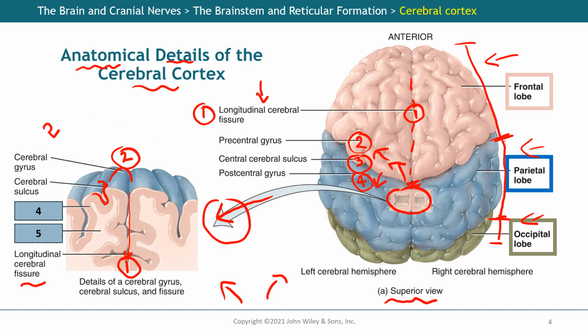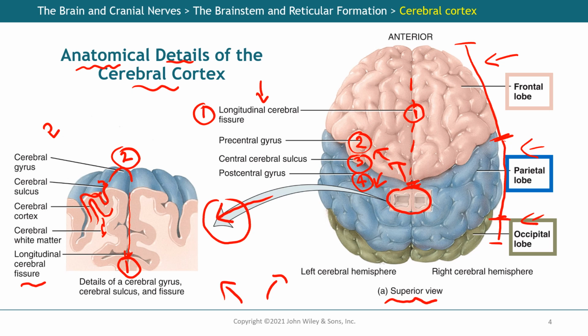Number four, here they are not pointing at the grooves or the elevations anymore, they are pointing at this orange area. And this area will be the cortex. And inside of the cortex, in this much clearer area that is deeper, you will find the cerebral white matter.